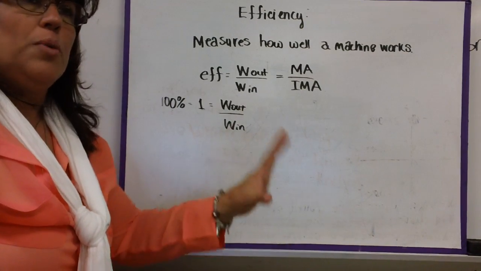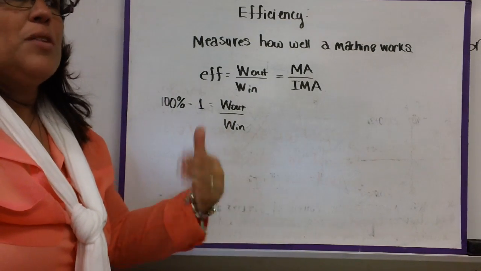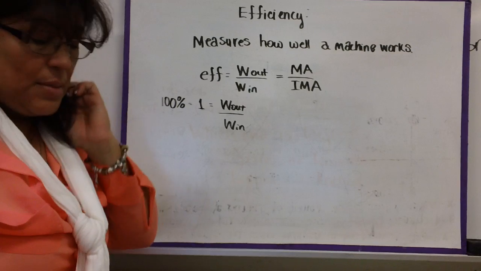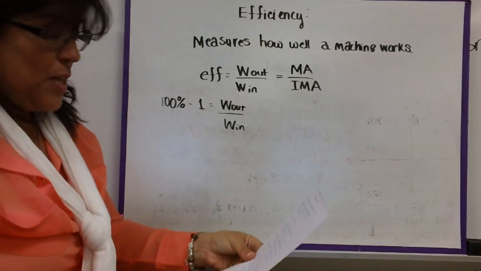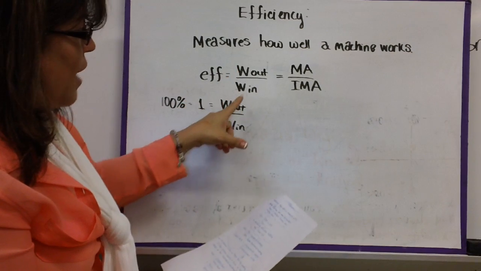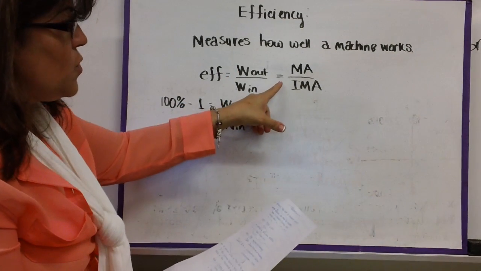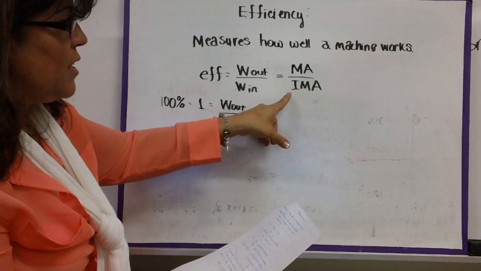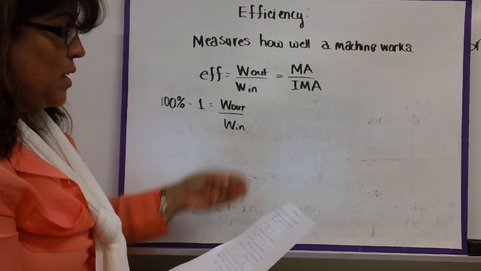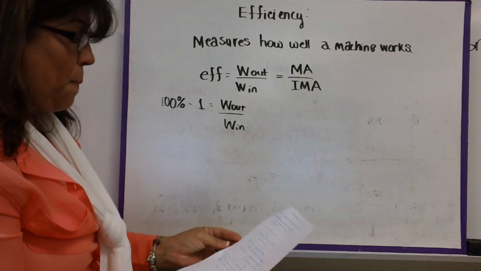So the work that you put into the engine, the output is going to be 0.9 times that. Okay, so the efficiency is the work out over the work in. We can also use the equation that it's the mechanical advantage over the ideal mechanical advantage. So we can figure out both of these.